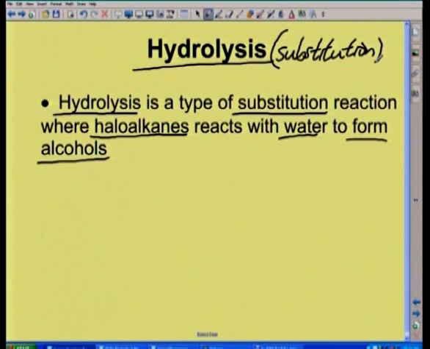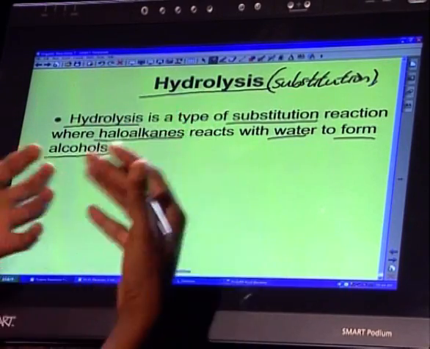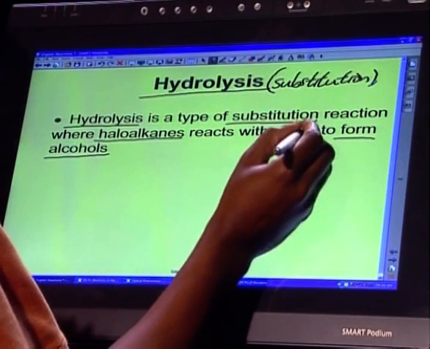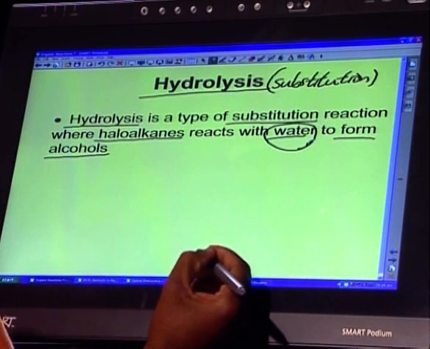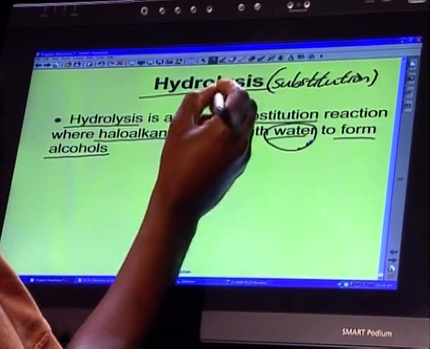Now, why does it have to be called with a separate term or a completely different term, yet it is substitution? It is because, or especially because, this reaction occurs with water. We have got haloalkanes reacting with water, hydro for water.